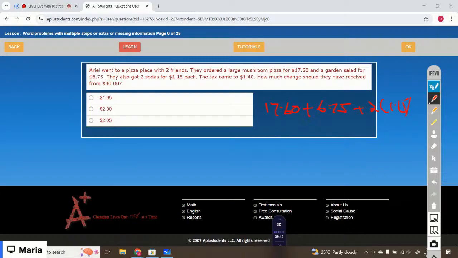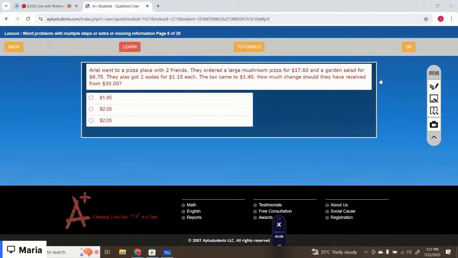And tax you need to add, that is 1.40. 28.05 is the total bill. You need to subtract it from the 30 just to see what the change is. So the change is $1.95. Option number one is the correct option. Got it?